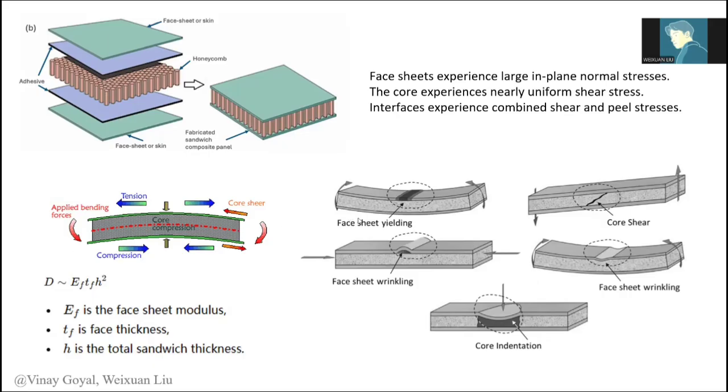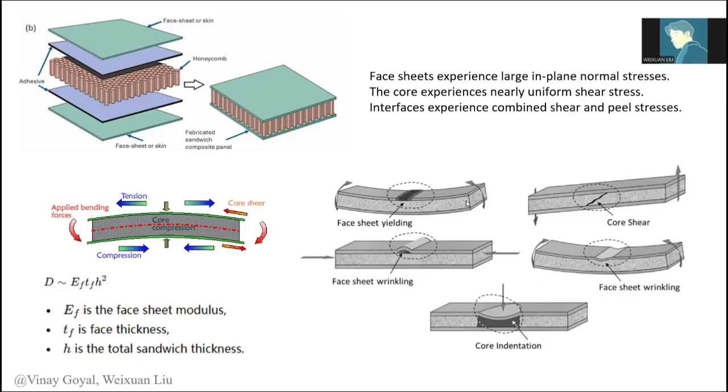Under different loading conditions, the sandwich structure could have different failure modes, because the face sheet will experience large in-plane normal stress and the core experiences nearly uniform shear stress. They will fail differently.